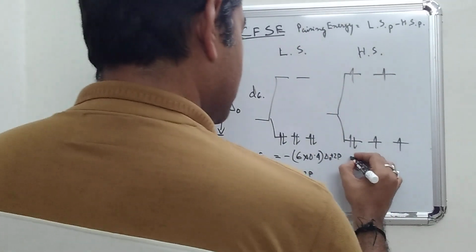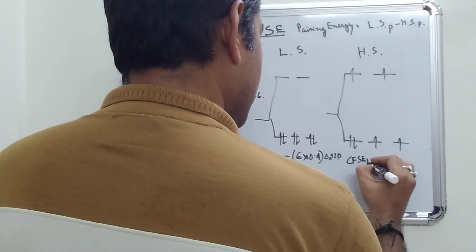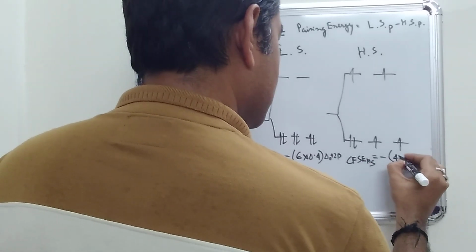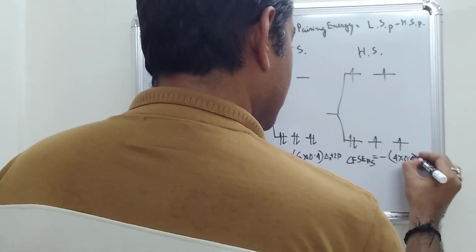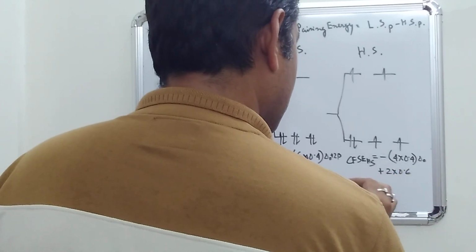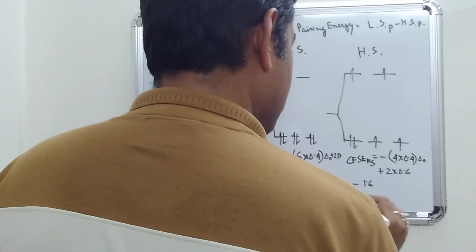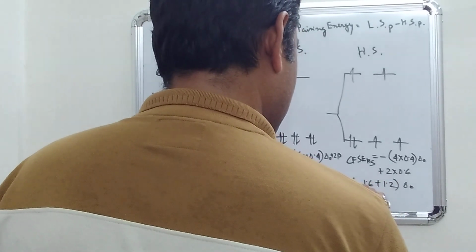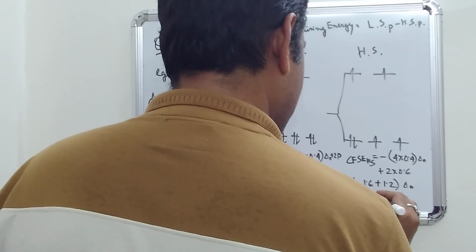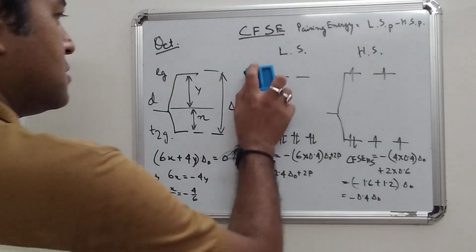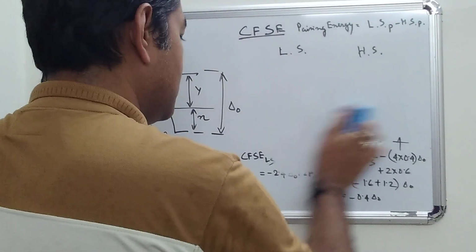Whereas for the high spin complex, CFSE will be equal to minus 4 electrons multiplied by 0.4 delta 0 plus 2 into 0.6, minus 1.6 plus 1.2 delta 0, resulting in minus 0.4 delta 0. All those are assumed to be negative values, which signifies the stabilization.